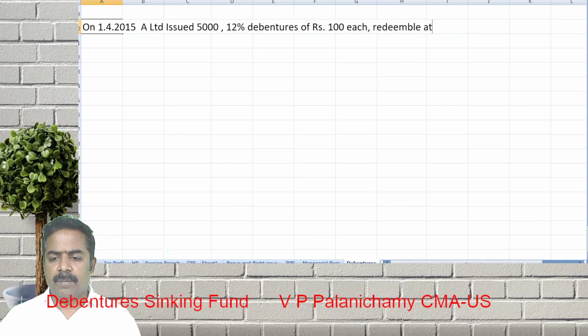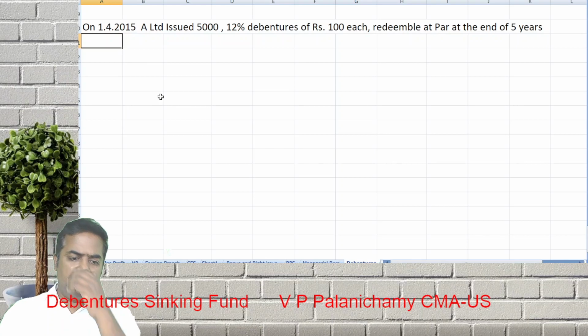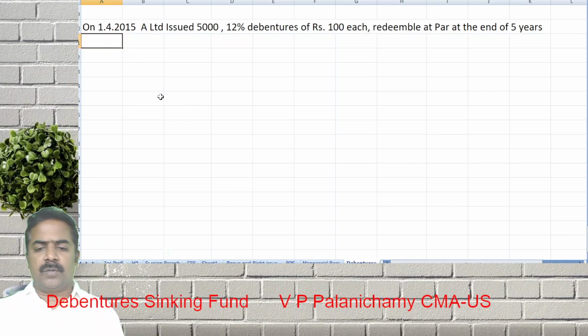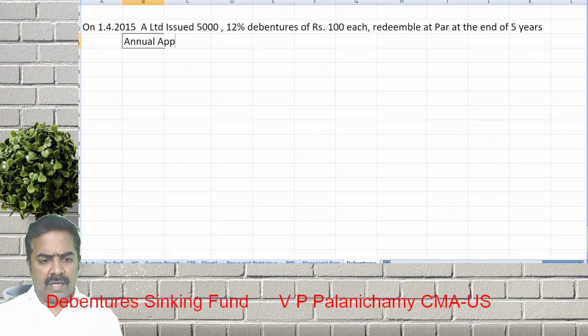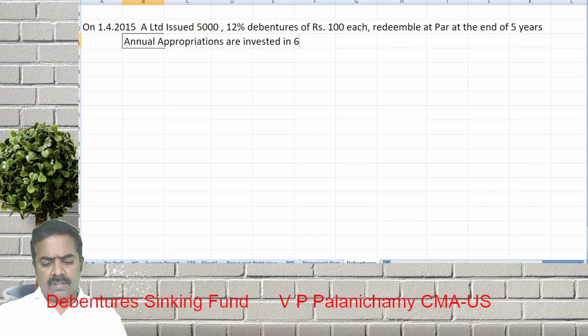Redeemable at par at the end of 5 years. Take up this. On 1/4/2015, A Limited issued 5,000 12% debentures redeemable at par at the end of 5 years. Annual appropriations are invested in 6% government securities.